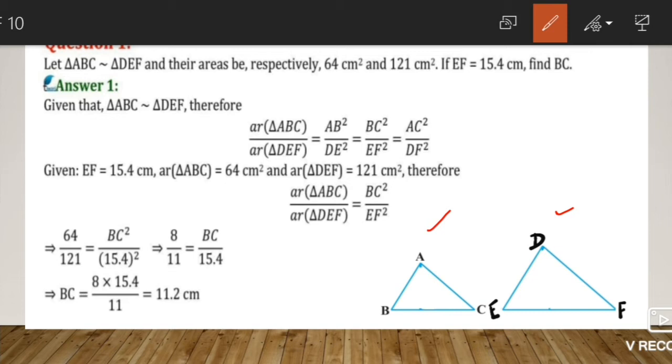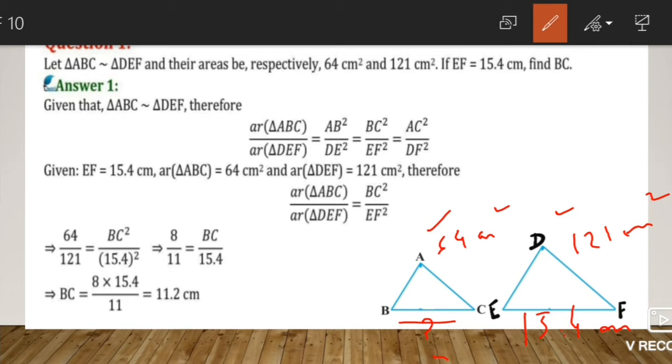The area of ABC is given as 64 centimeter square and the area of DEF is 121 centimeter square. Also given that EF is 15.4 centimeter. You have to find the value of BC side.